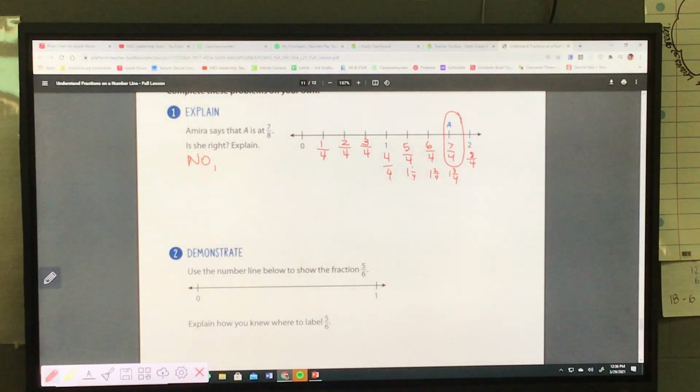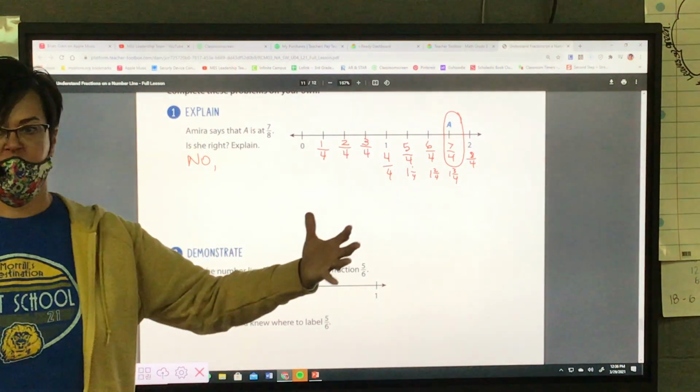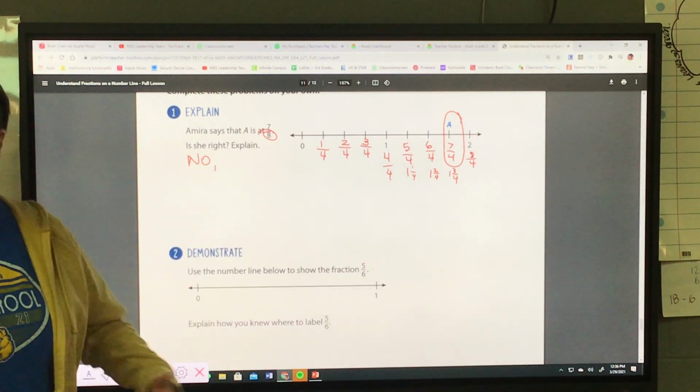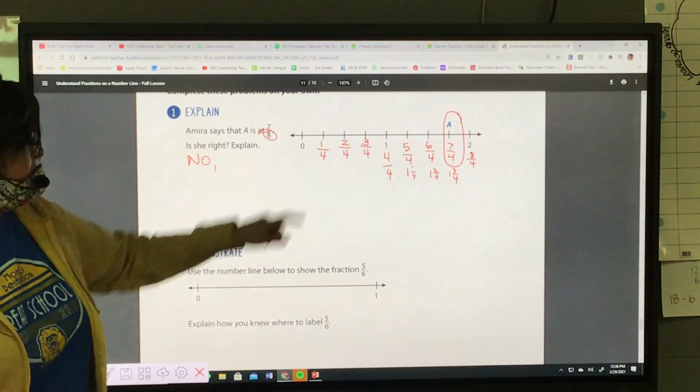Is that right? No. So writing that down, what did she divide it all into? 8s instead of 4.